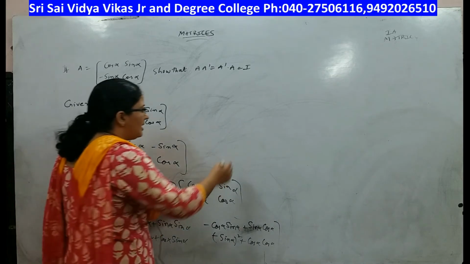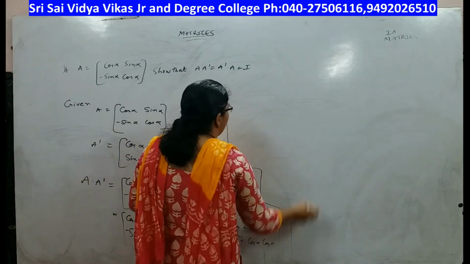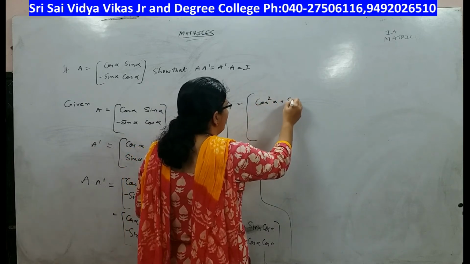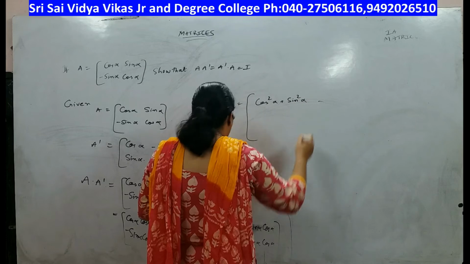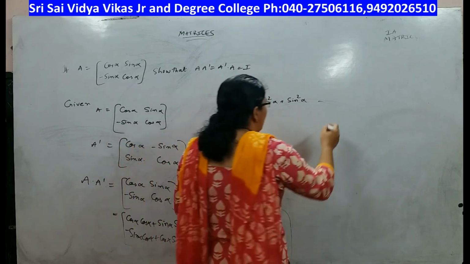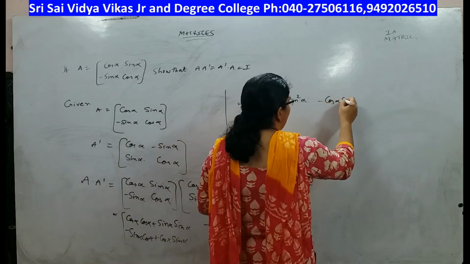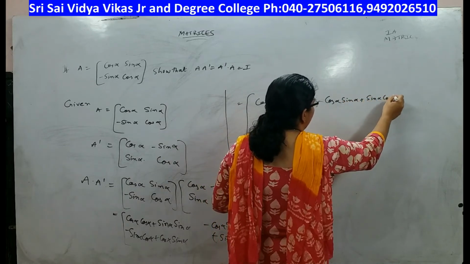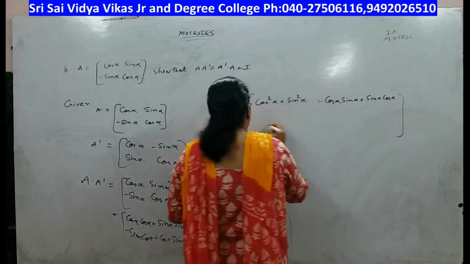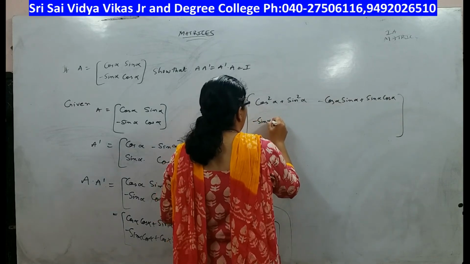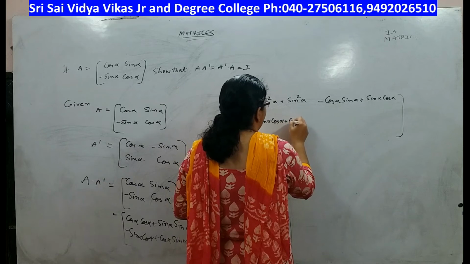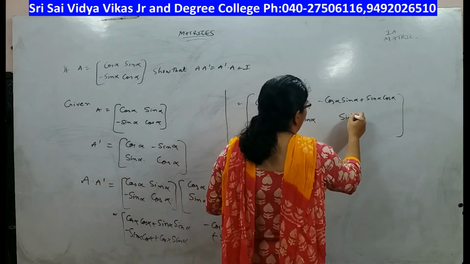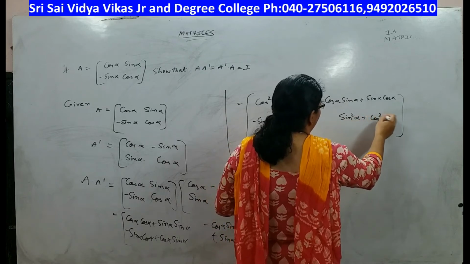So this is nothing but cos square alpha plus sin square alpha, minus cos alpha sin alpha plus sin alpha cos alpha, minus sin alpha cos alpha plus cos alpha sin alpha, sin square alpha plus cos square alpha.